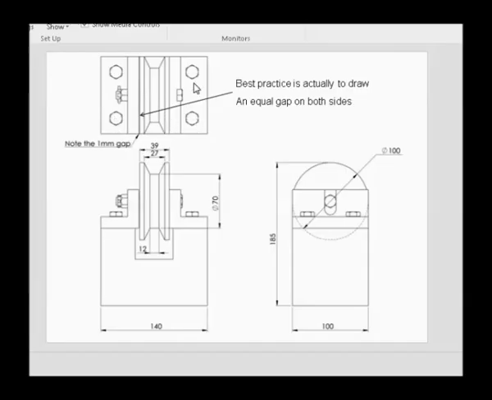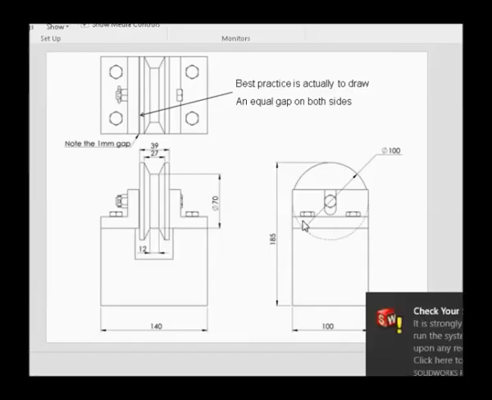You could have given the spacing of these bolts as a mounting dimension, but I'm not too worried about that now. Remember the 1mm gap. It is very important for you to actually draw it in place, because if you don't draw it there, then it would seem like those L brackets, this one and that one, are actually used to clamp onto the wheel, where in this case there's actually an intentional gap to make sure that the wheel is free to rotate.